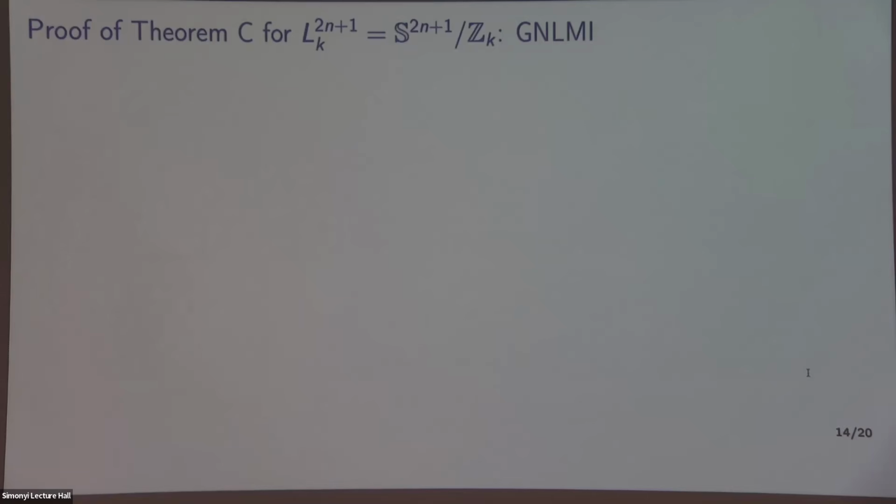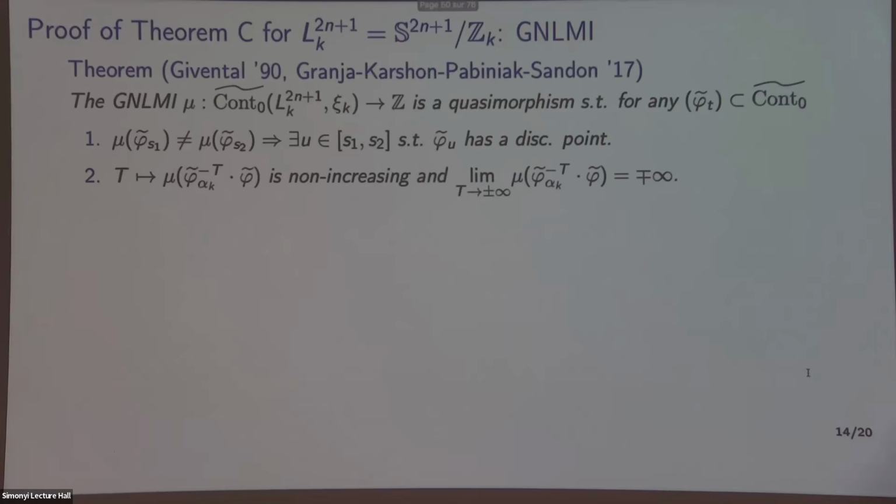Then you look at a hypersurface in this space, consisting of contactomorphisms having a discriminant point. And when you look at a contact isotopy, it counts how many times you cross this hypersurface with multiplicity. So this is a bit heuristic, and you can make it formal by a construction using generating function techniques.